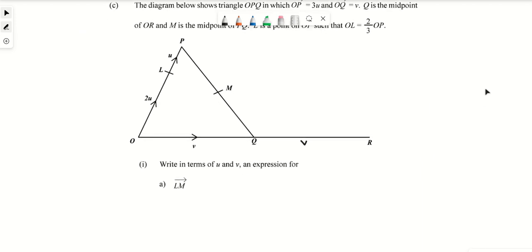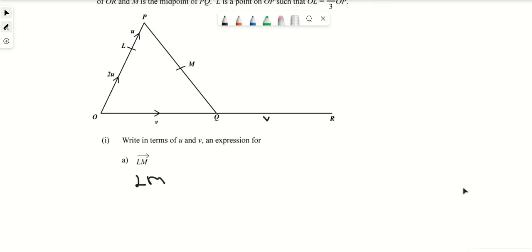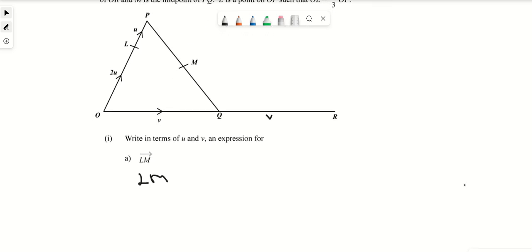However, they said, write in terms of U and V the expression for LM. So we want L and M. This is not a 1 mark question. This is 2 marks. Now, before we find LM, the starting point is L. You go to P and then you go to M. So this would be LP plus PM. Now LP we already know is U. However, we don't know what PM is, right?